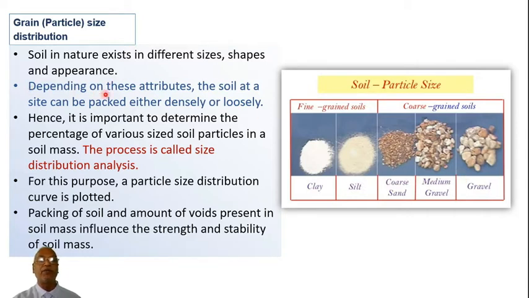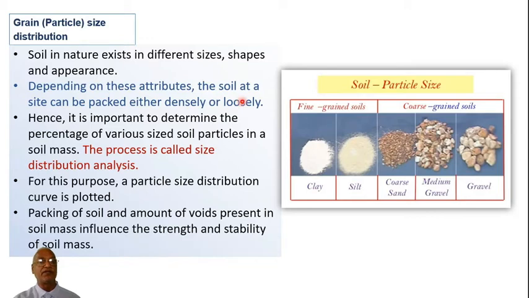So depending upon these attributes, that is, sizes, shapes, and appearance, the soil at a site can be packed either densely or loosely. You know that when the particle sizes are like this, and you want to put it in a container, a little shaking will help you in packing them in a better manner.